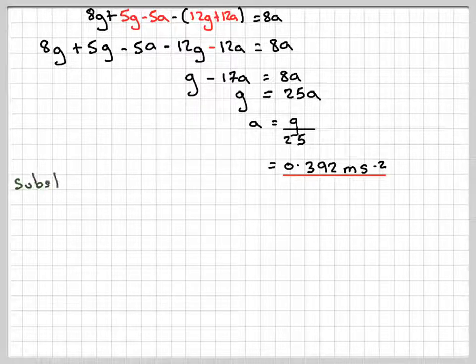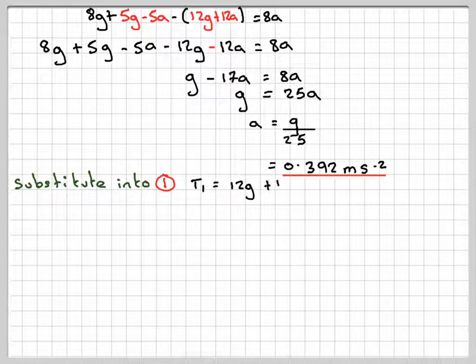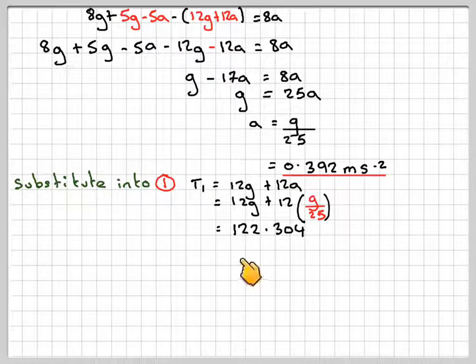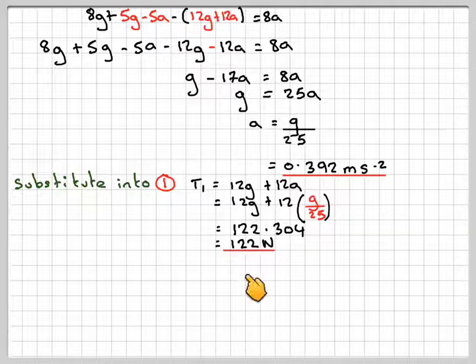Right, in order to find the tensions that we're asked to find as well, if we go back into equation 1, which is T1 equals 12g plus 12a, that's going to be 12g plus 12 times my answer to this part, which is g over 25. Using the fraction button on the calculator, g is 9.8, we're going to get 122.304, which gives me 122 newtons, rounded off to 3 figures.